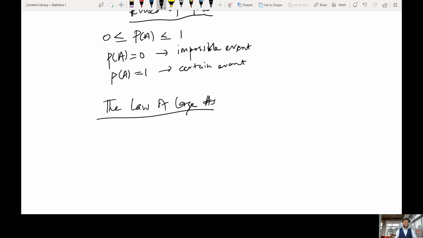This is known as the law of large numbers. It means that the more a procedure is repeated, the closer the observed probability will get to the classical probability.